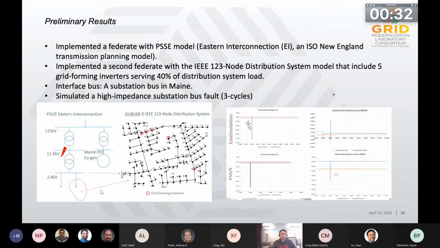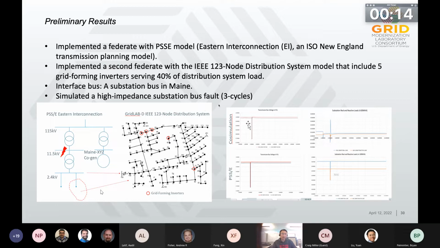So we did the co-simulation. As you can see in the picture on the left, I cannot share exactly which transmission substation bus we used to connect the 123 node model, but essentially there is a local generator there.